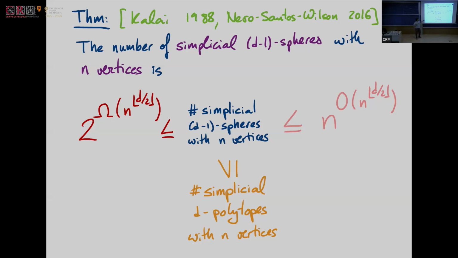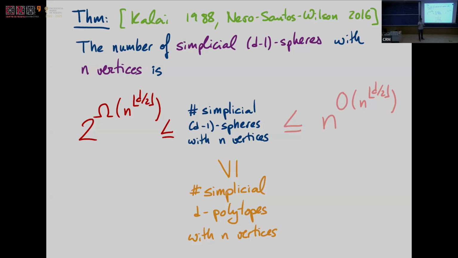It's huge. This is 2 to the n to the d halves, and this is n to the n to the d halves. The difference between these two numbers is huge. It's a log n in the exponent, but yet it's reasonably small because it's only a log n in the exponent. Sometimes when you work on this, you lose perspective.